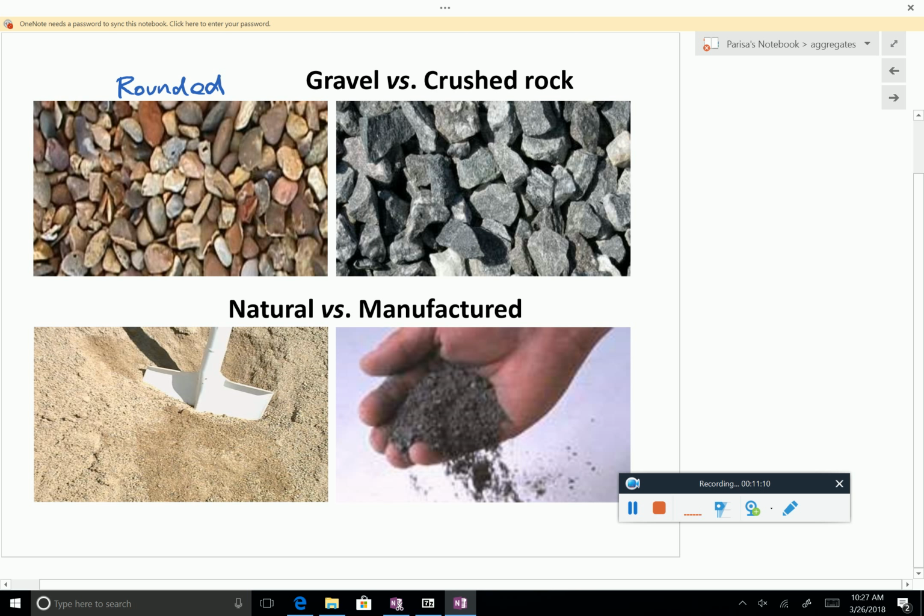If you go back to your memory of playing around a river at some point in your life, you remember these shiny gravels. And on the other side, this is what we call angular aggregates.